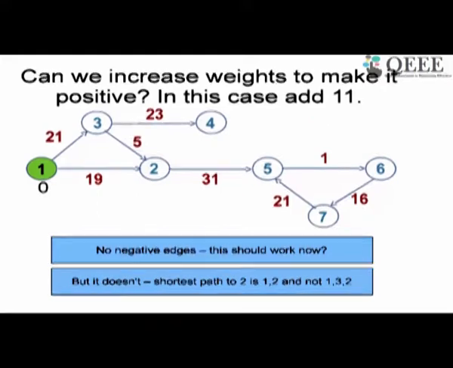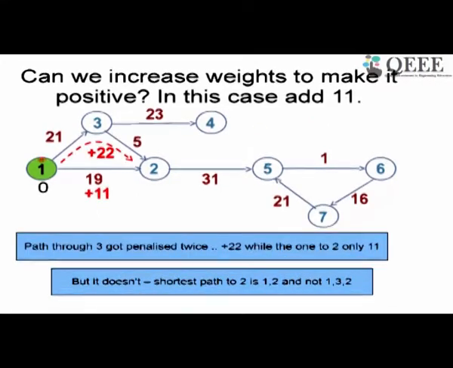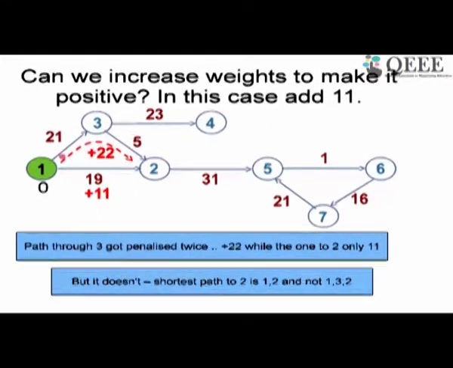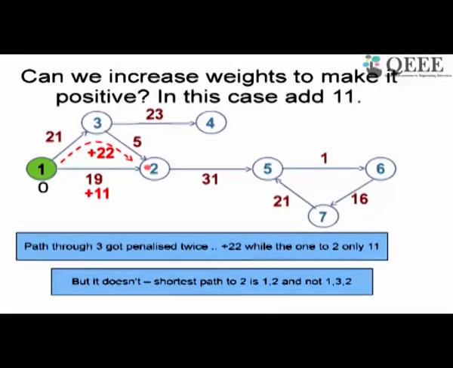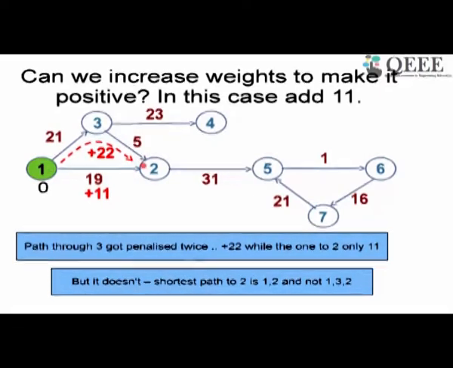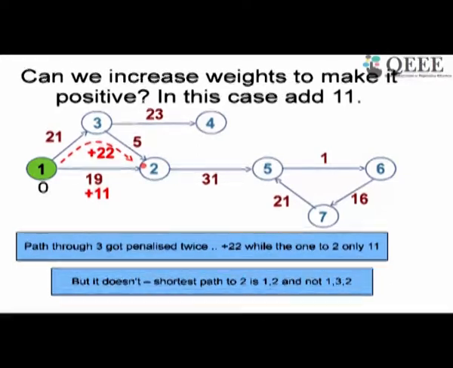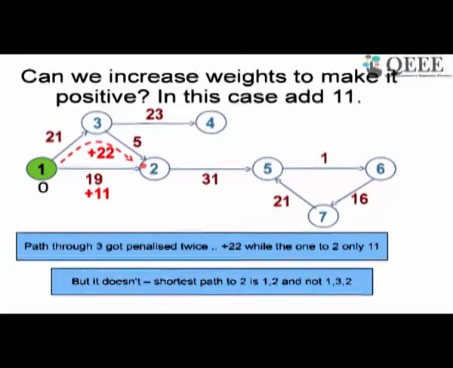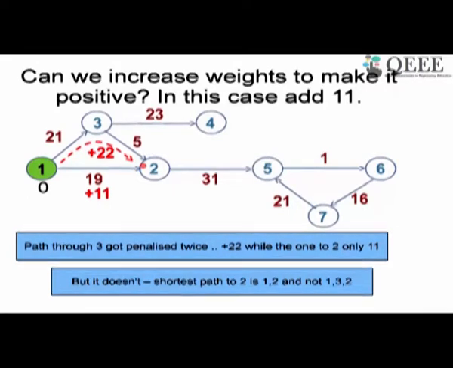Why did it not work? You added 11 to this edge and 11 to this edge, so you actually added 22 to this path, whereas you added only 11 to this path. So this was a shorter path, but since you added 22 to it, it suddenly became longer. The problem with adding some number to all the edges is that you are suddenly changing the problem.